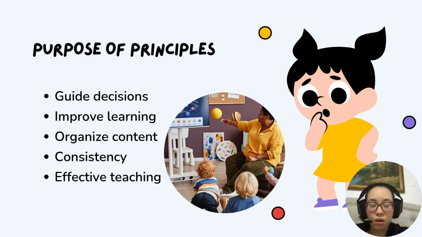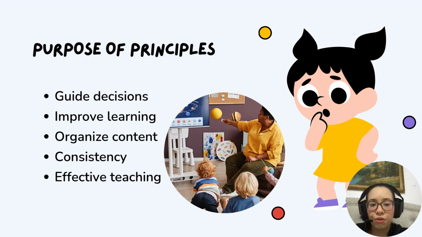The purpose of principles. The main purpose of principles in curriculum design is to guide decision making. The text explains that they help teachers to organize the course in a clear and logical way. For instance, they influence what content should be included, how it should be taught, and in what order.